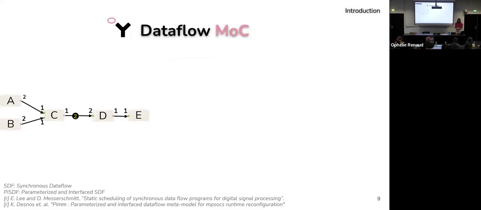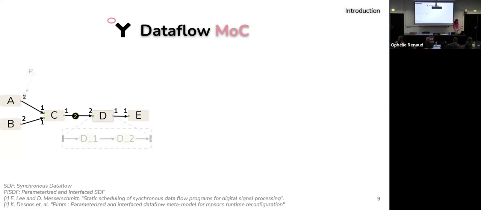So on the application side, an effective model is a data flow model. The data flow consists in a graph where nodes, also called actors, represent computation, and edges represent FIFO buffers. An extension of the data flow is the synchronous data flow, where there are integers on the ports that represent the rate of tokens produced and consumed by an actor.